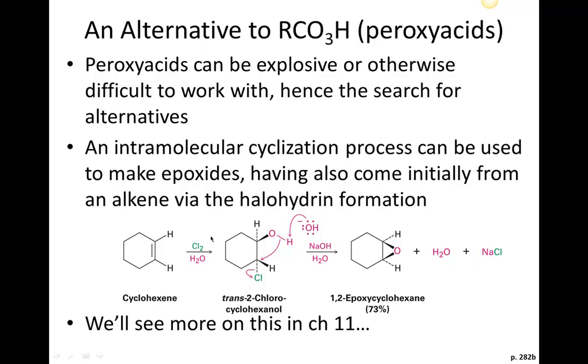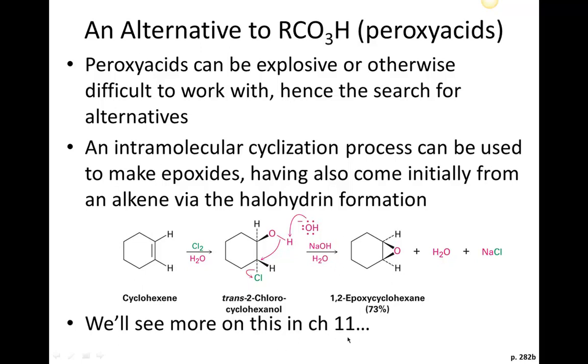Then if you take that halohydrin product, you can react it with a base like sodium hydroxide, and it will do an acid-base reaction here, because the nearby chlorine makes this a little bit more acidic, and so it will close up this ring and make the epoxide that way.